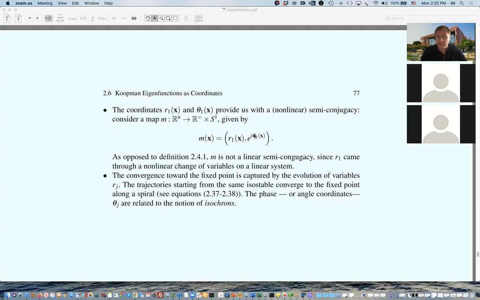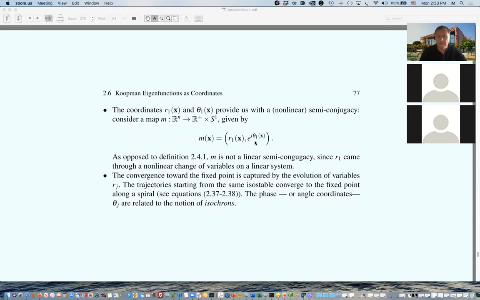So we talked about what functions like R1 provide us with. They give us isostables. So the absolute value of an eigenfunction gives level sets, which are isostables. Now theta1s are also important.